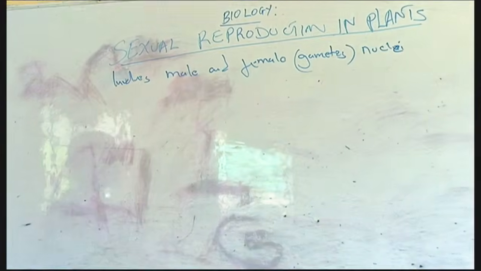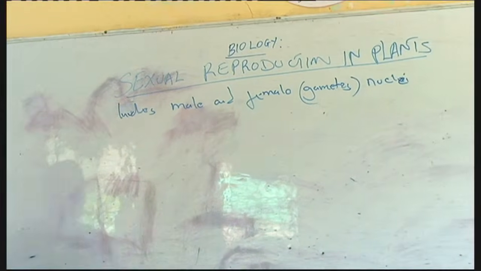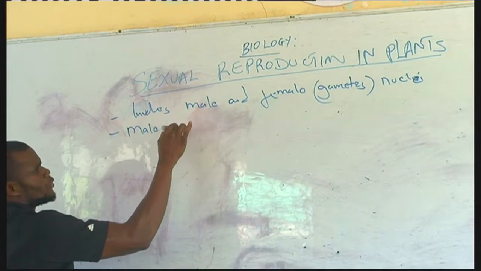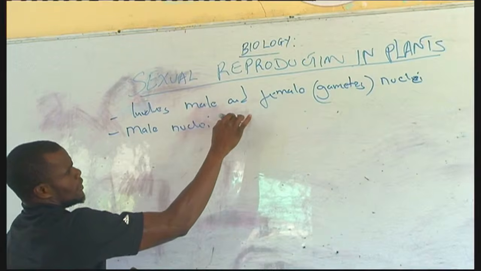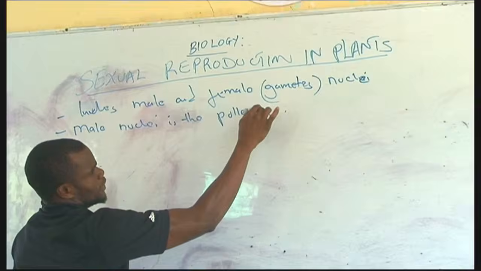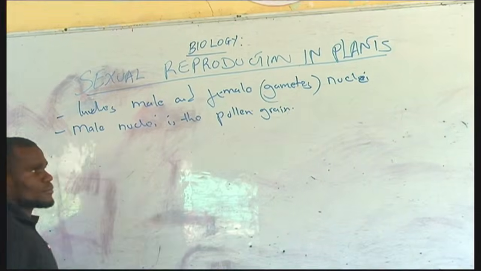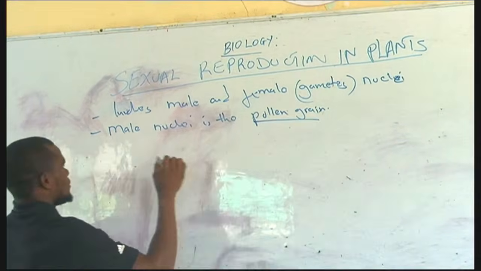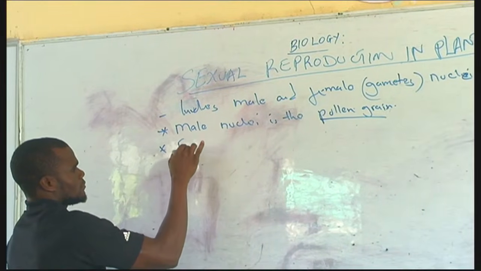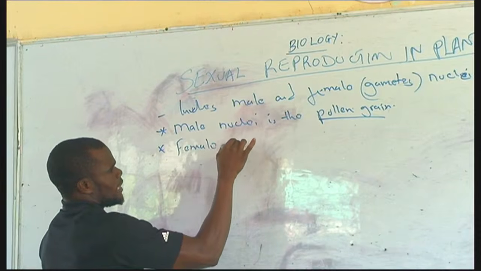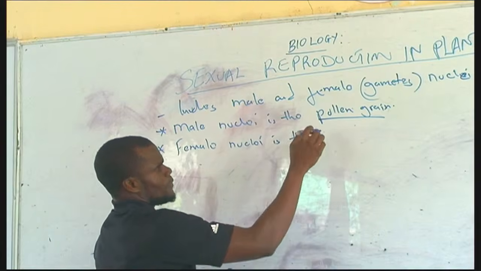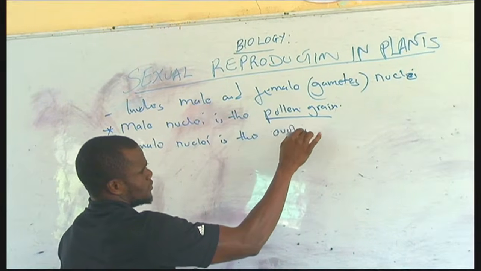When we talk of male and female nuclei in plants, students, the male nuclei is the pollen grain, while the female nuclei are the ovules.